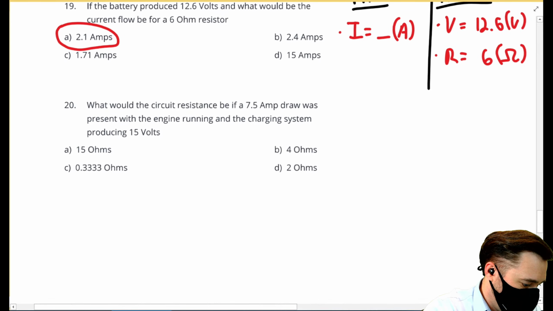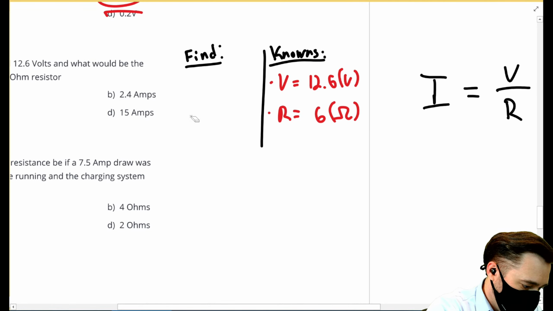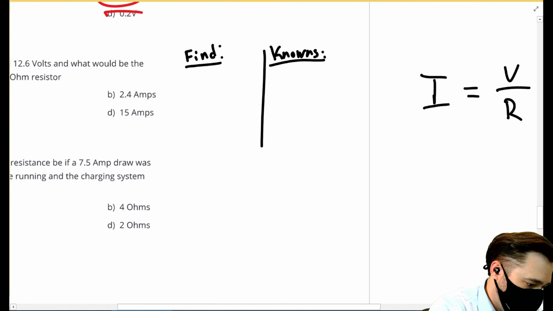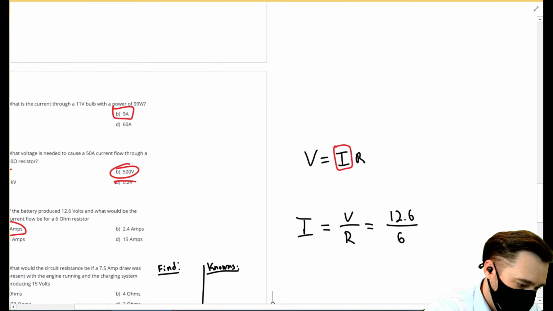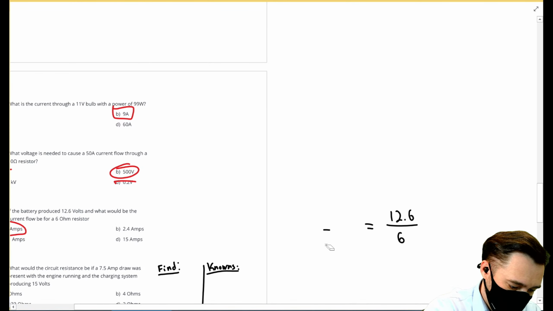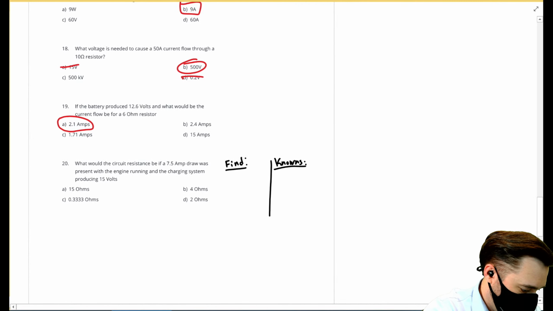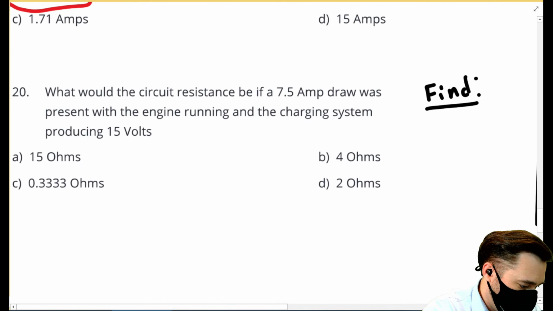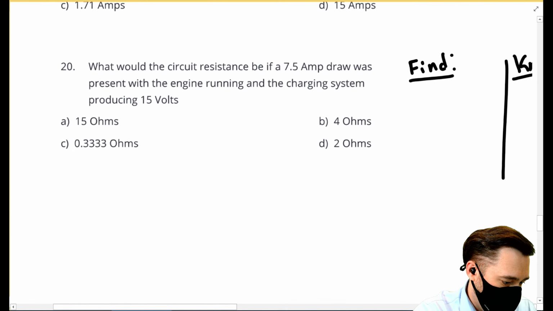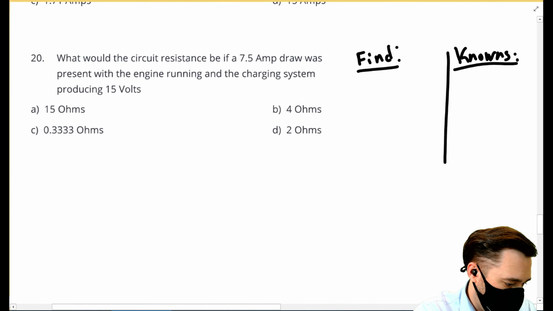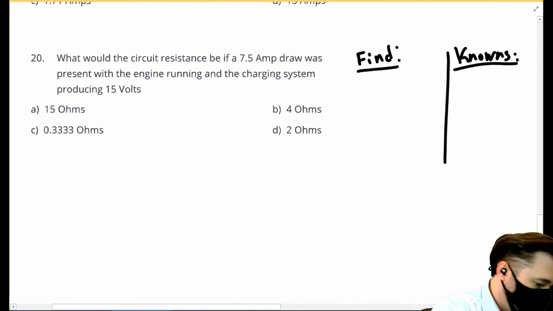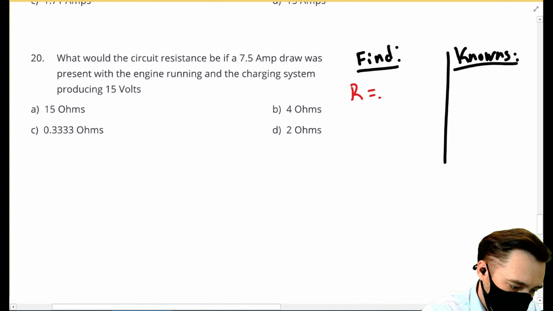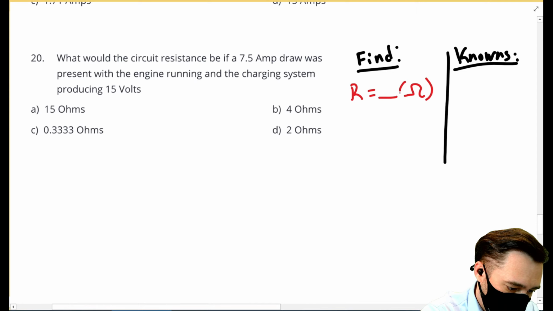And then last but not least, what would the circuit resistance of a 7.5 amp, so circuit resistance, I'm looking for R. That's going to be in ohms.